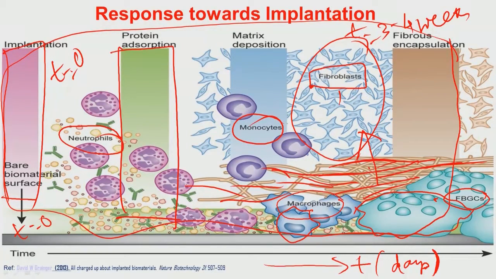As a result, this biomaterial itself, which is marked as a star, will not have any direct biological interaction with the rest of the tissues or the rest of the components of the living system where it is implanted. Instead, this biomaterial is now shielded from the rest of the osseous system with the formation of this fibrous capsule on the material surface.